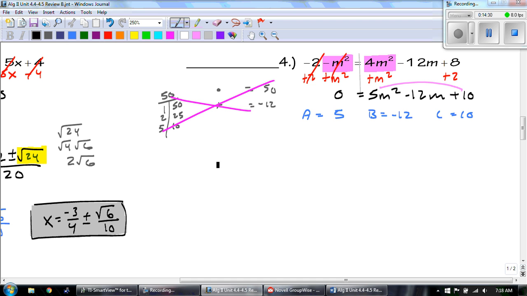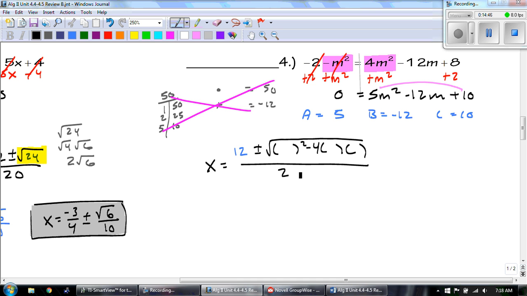Once again, we take the opposite of B. It's a negative 12, so the opposite would be a positive, plus or minus the square root of B squared minus 4AC, all divided by 2A. So 12 plus or minus the square root, and on the bottom we have a 10.